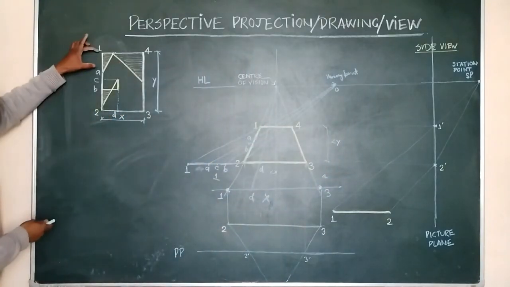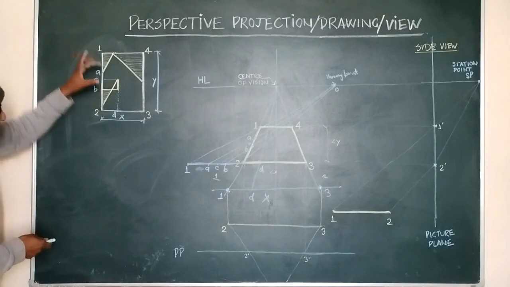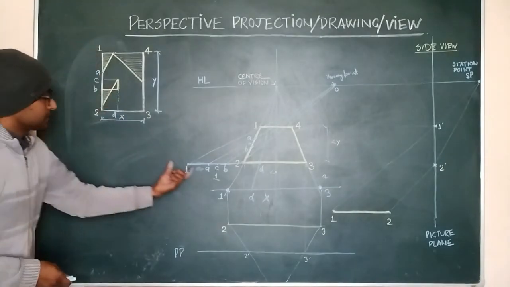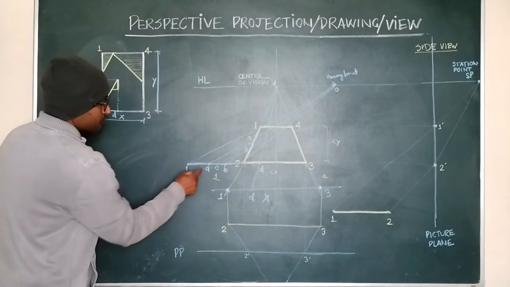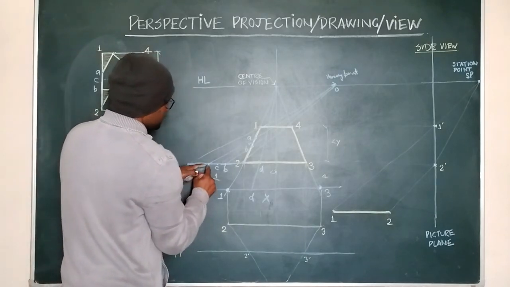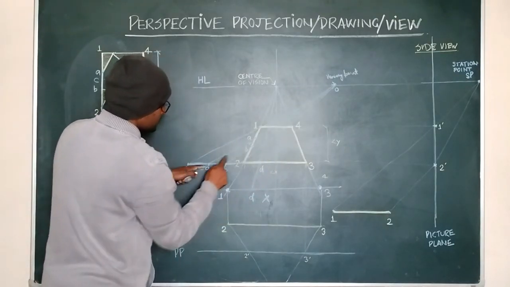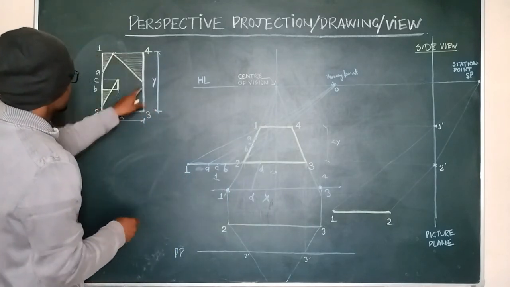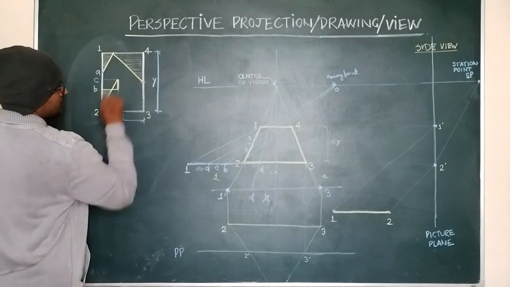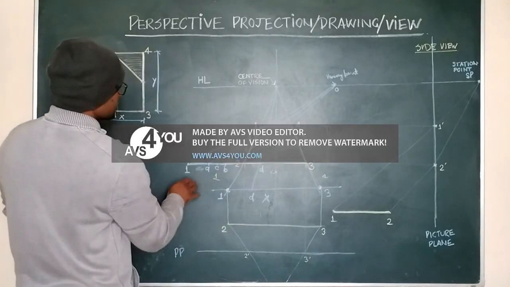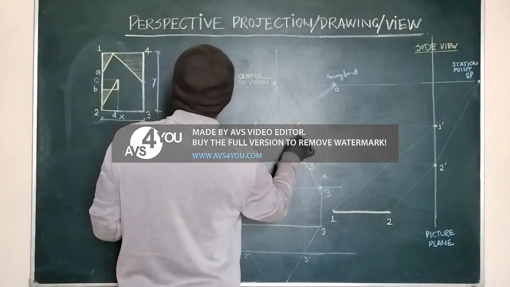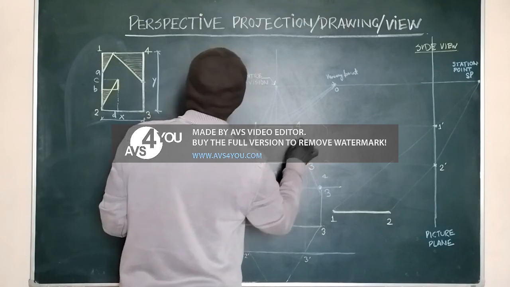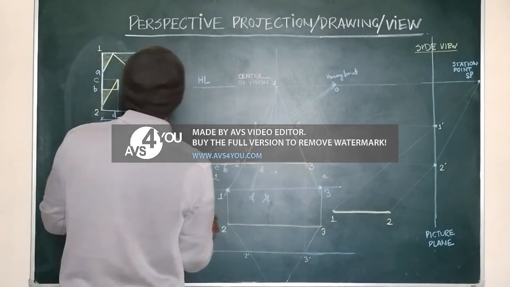Now we can measure it from point 1 to point A, because this is true length, again this is true length. Again from point A we can join the point A and point O. This will cut somewhere here, we can get the point A. Now again this one we can also do the same thing, and we can get somewhere here. This also we can get it.